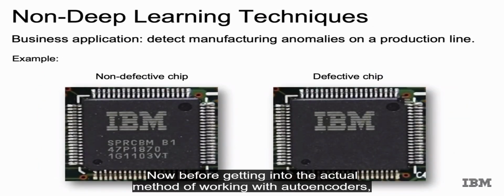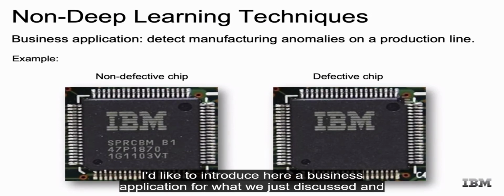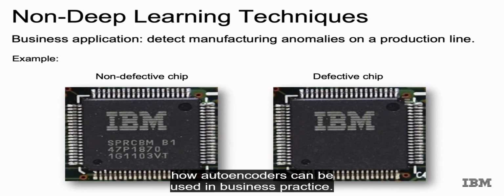Now, before getting into the actual method of working with autoencoders, I'd like to introduce here a business application for what we just discussed and how autoencoders can be used in business practice.